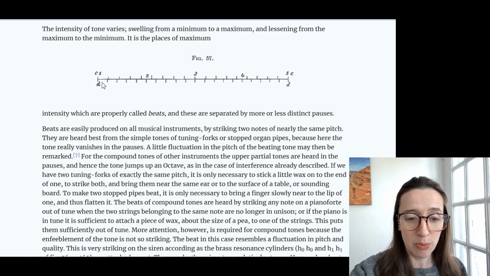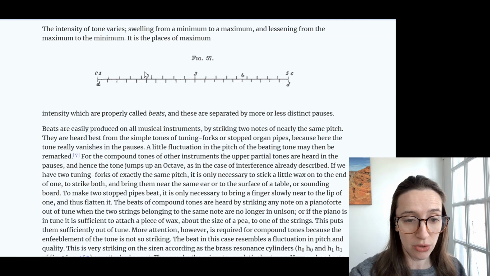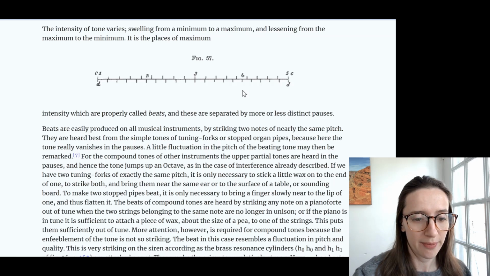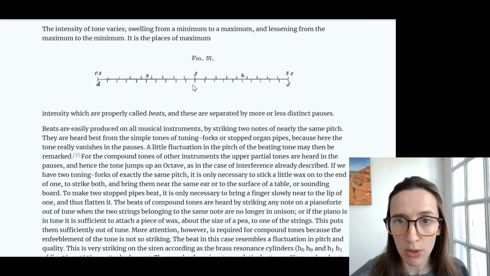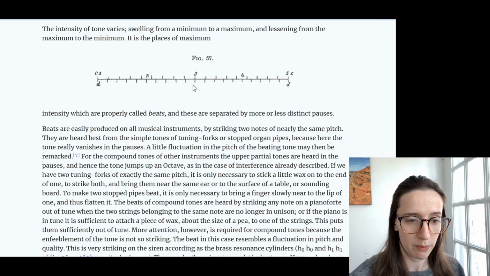We only hear 2 puffs at the exact same time in positions 1, 3, and 5, and at positions 2 and 4, the puffs are entirely offset, so they weaken each other. This represents 2 beats, and of course 20 minus 18 is 2.